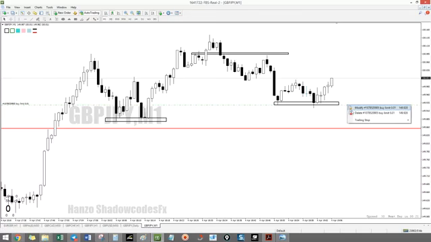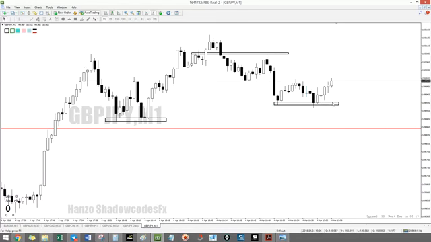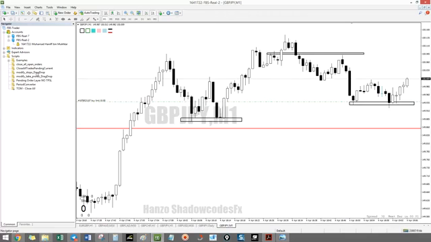For example, over here, delete. For example, you go full margin. Say you want 10 lots, 10 lots of contract over here. Buy limit 10. And then let's see your stop loss over here.